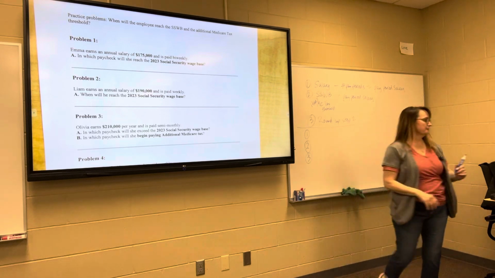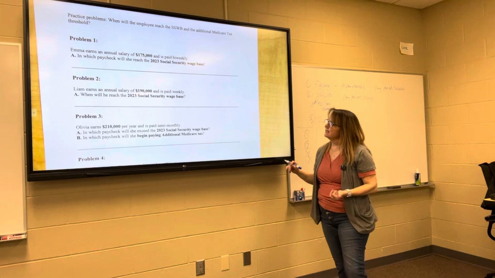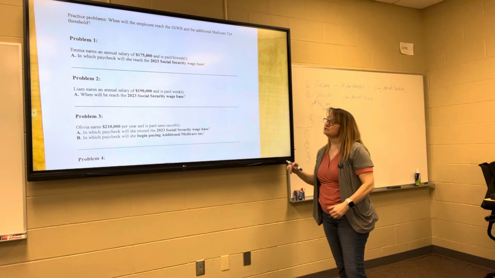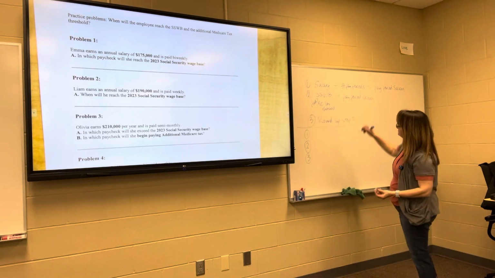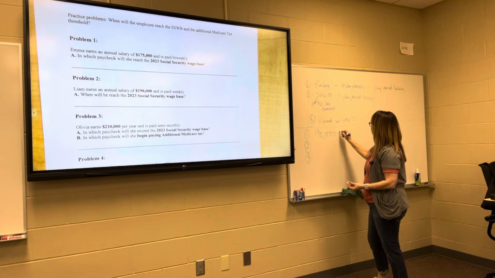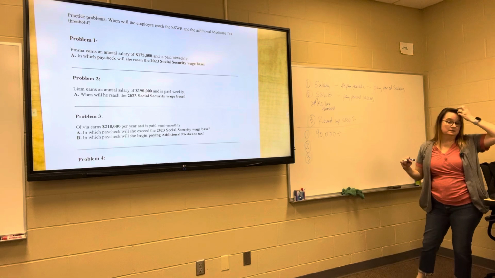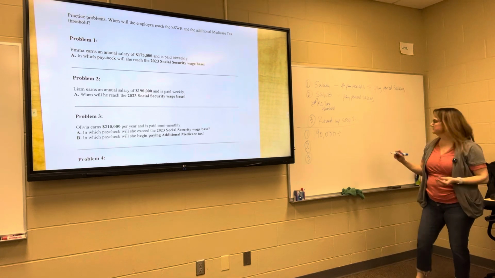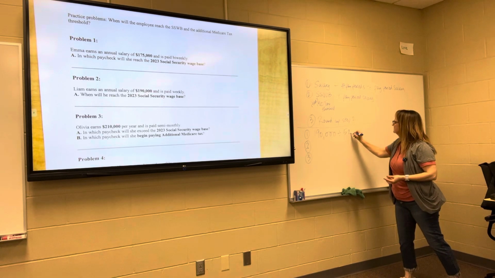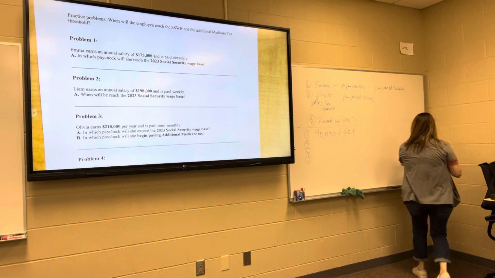All right, so we've got Liam. Liam earns an annual salary of $190,000 and is paid weekly. So first step, salary, 190,000 divided by how many pay periods? 52, that's right.